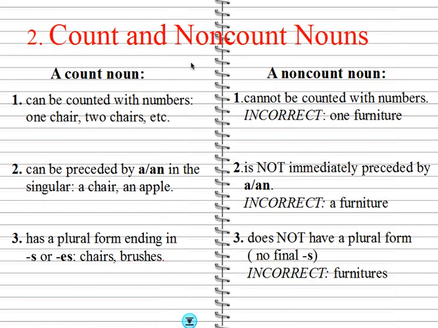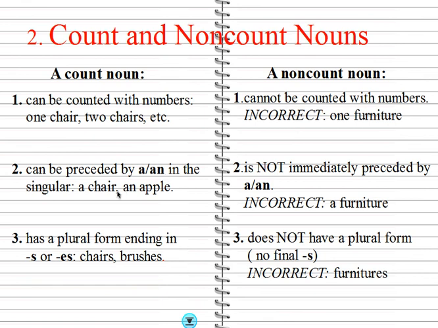Subtitle 2. Count and non-count nouns. What are some differences between count and non-count nouns? A count noun can be counted with numbers, 1 chair, 2 chairs, etc. While a non-count noun cannot be counted with numbers, and it's incorrect to say 1 furniture.